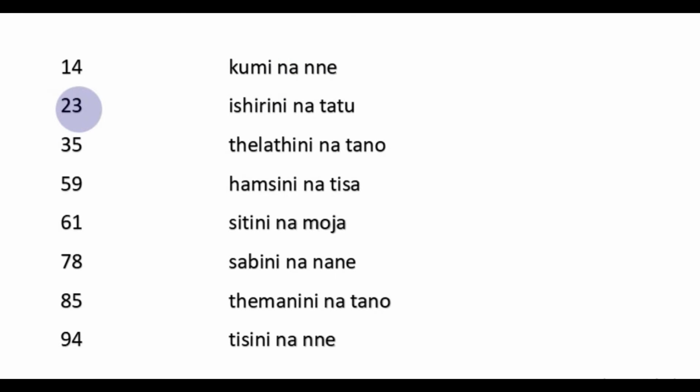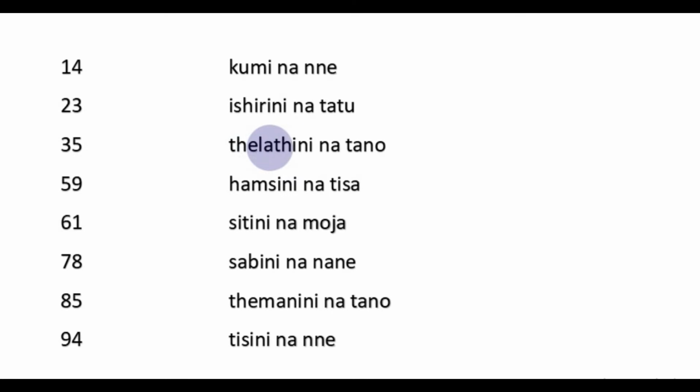23 is 20 and 3. 20 is ishirini. 3 is tatu. So it becomes ishirini na tatu. 35 is 30 and 5.